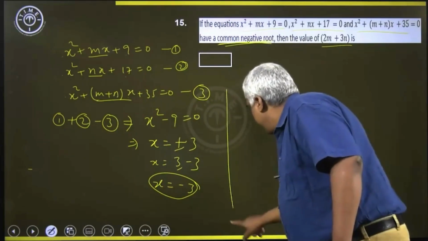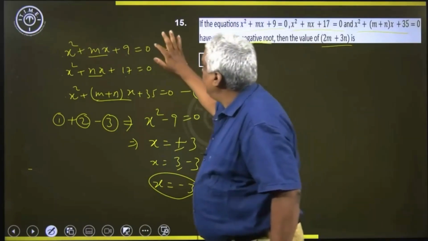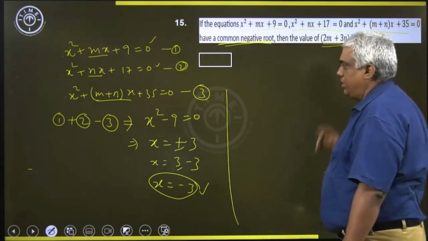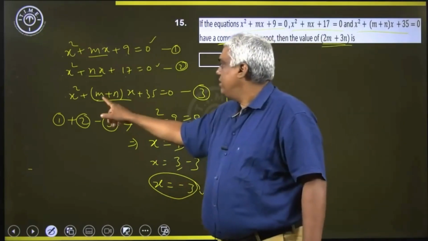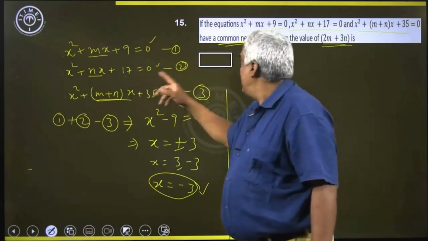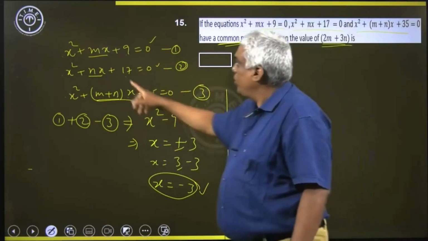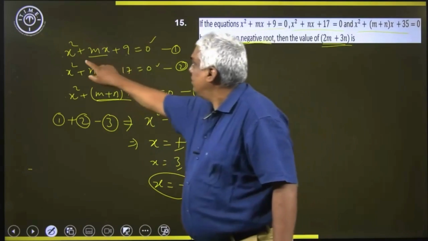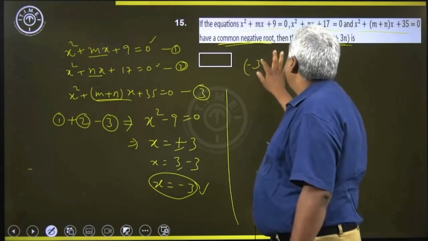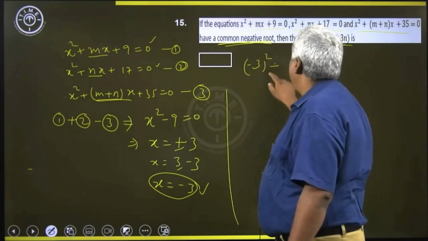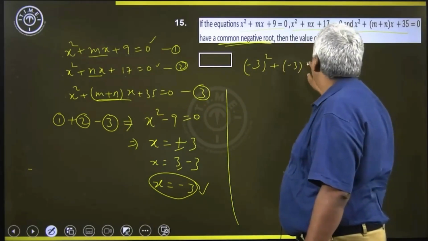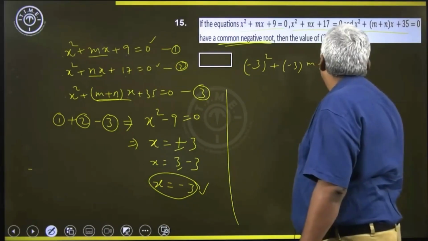So now we are substituting the value of x in the first equation and the second equation. Because I want 2m plus 3n, if I put x equal to minus 3 in the third one, I'll get directly m plus n, but I don't want that, I want 2m plus 3n. So better to put the value of x in the first and second. In the first one, minus 3 square plus m into minus 3 plus 9 equal to 0.